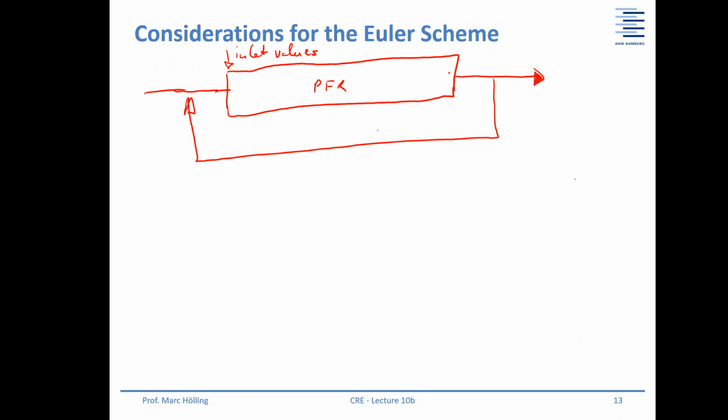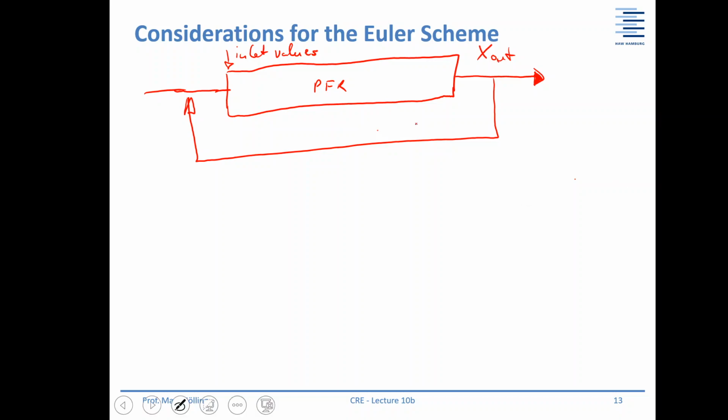Here I have all the big mole flows and volume flows and whatsoever. And then I have something like x out, an outlet conversion.